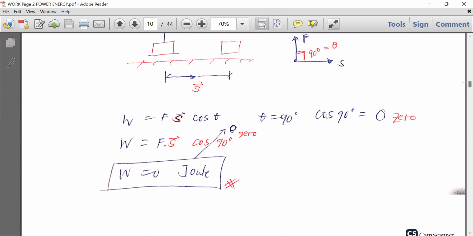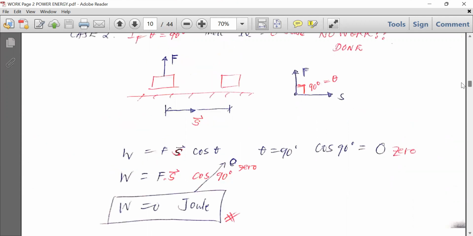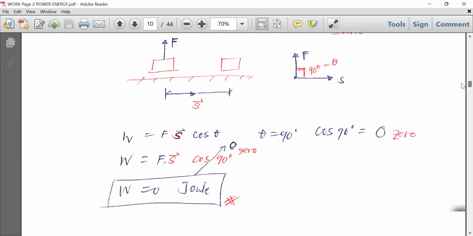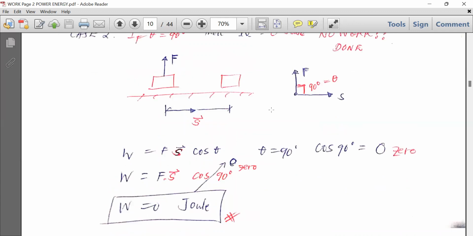Okay. Now, one example of this: when I say that work is done, imagine you are lifting a box from the floor. The palm of your hand is pushing the box upward, so you can lift it upwards.